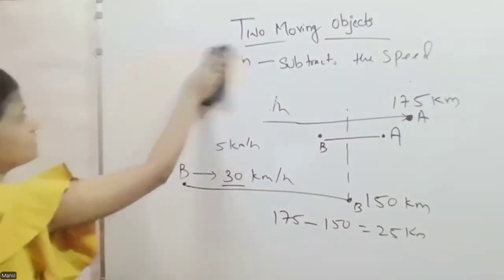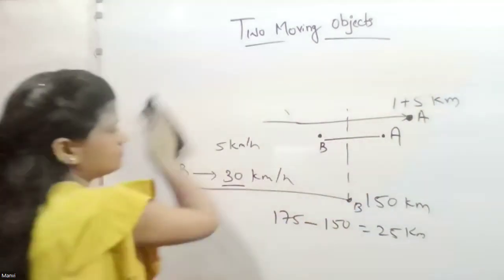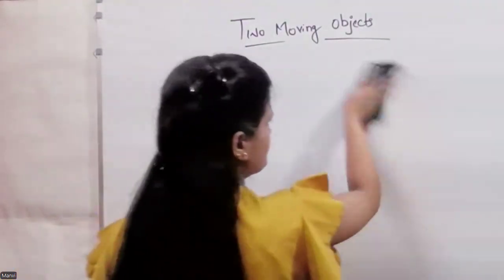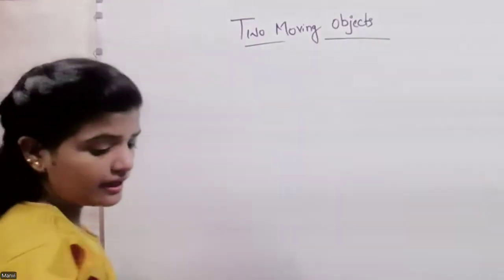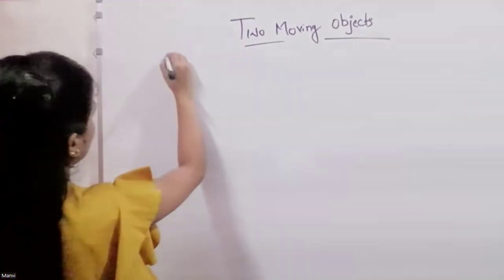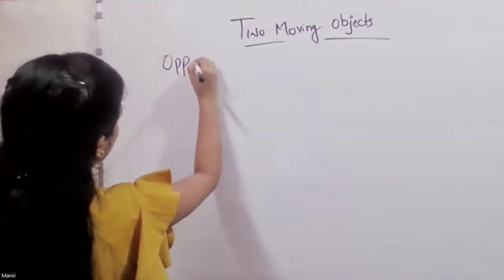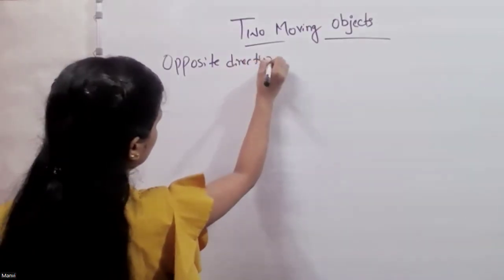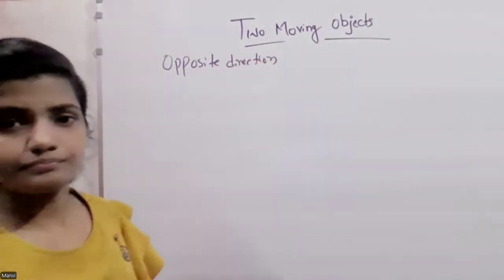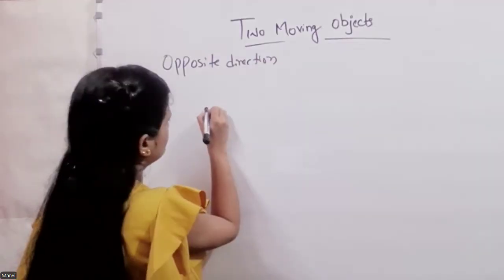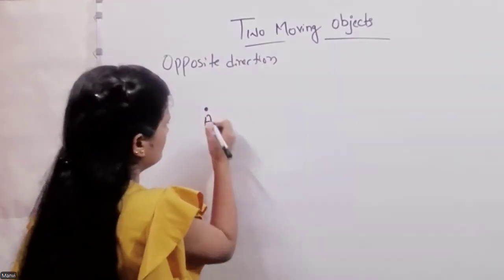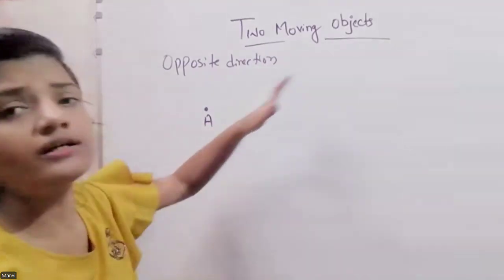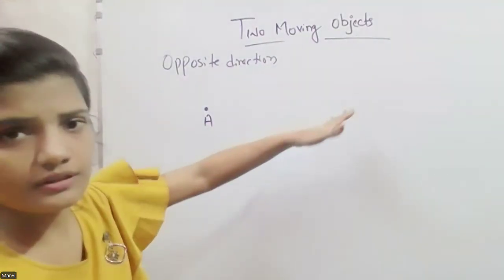What if they both travel in opposite directions? For example, they both started at the same place or a different place, and now they both travel in opposite directions. Car A and car B may be here or somewhere else, right?